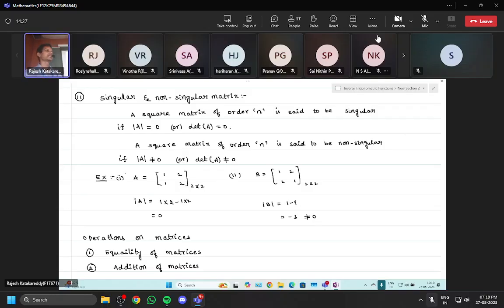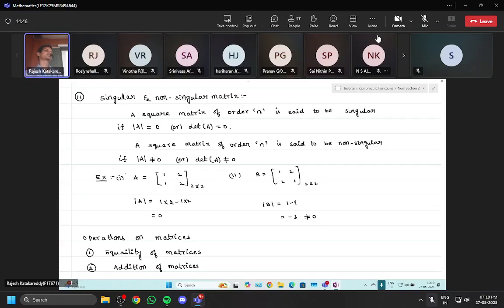Fourth one, negative of a matrix. Equality of matrices, addition of matrices. Third one is scalar multiplication. Fourth one is negative of a matrix.